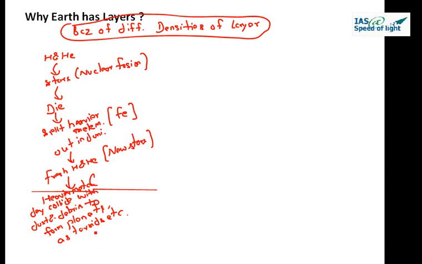So we had high temperature in the inner solar system at that time. The result of this high temperature is that the light and volatile elements will further condense.